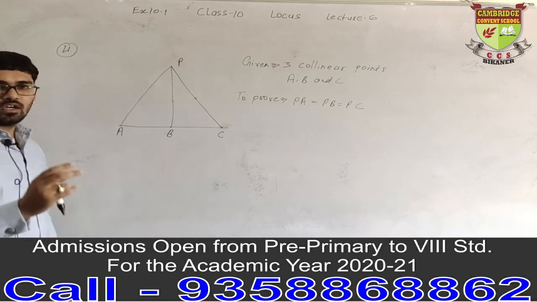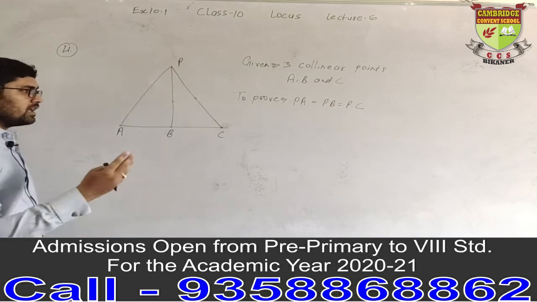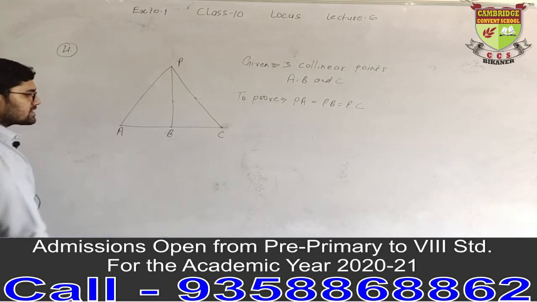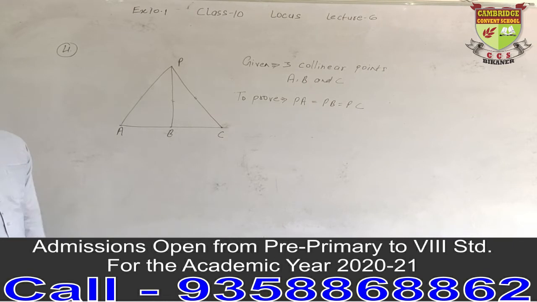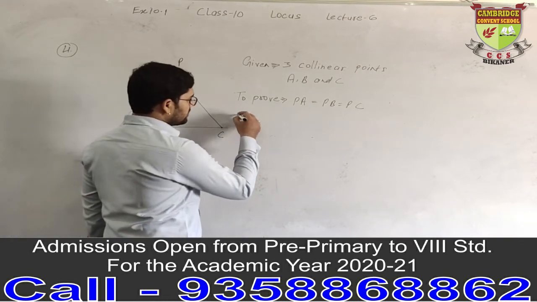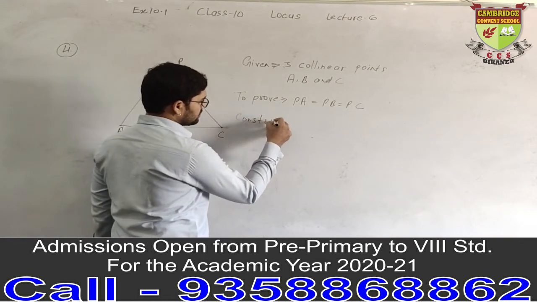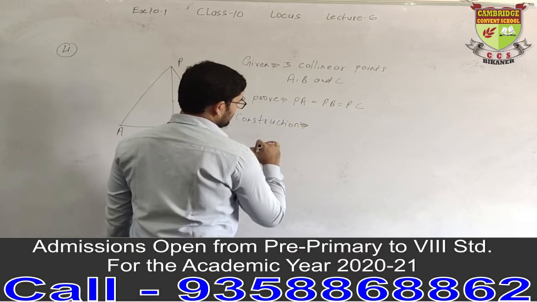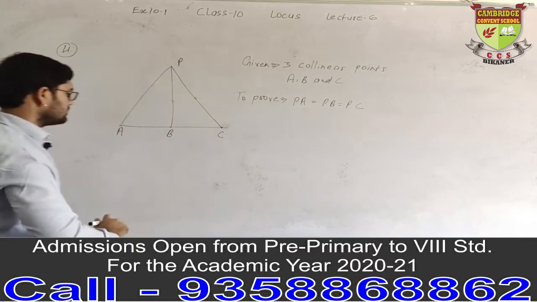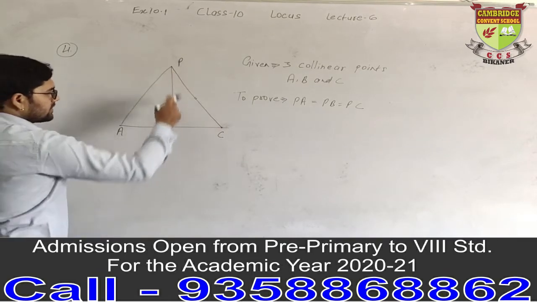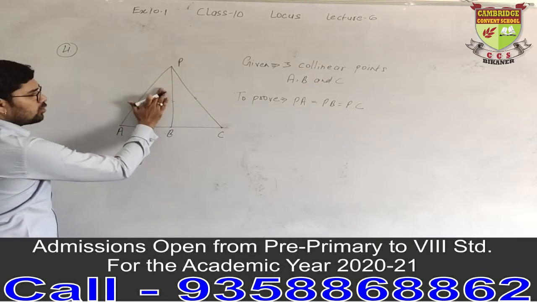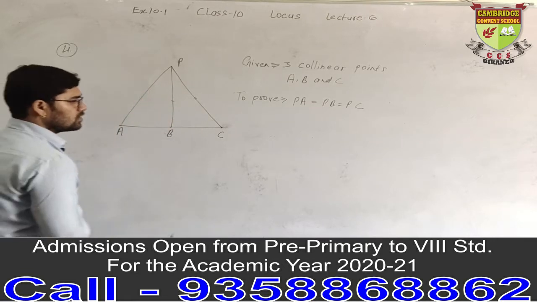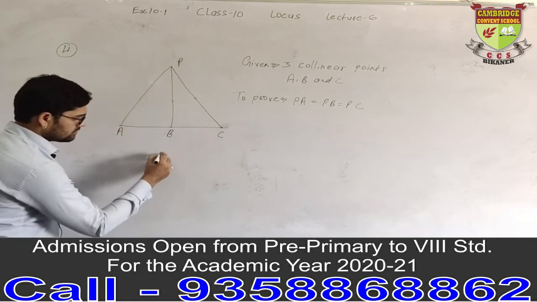For this, we will choose a pair of points individually to prove them equal. From A, B, C, firstly we will select AB. For this we have to do some construction. Let us solve it. We have taken first only this part, there are 2 triangles, and we are taking only this part.